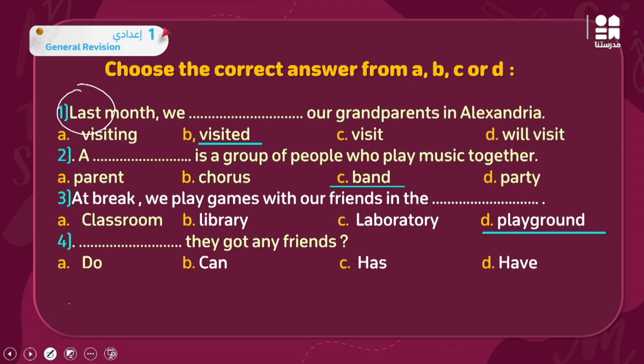Number four, space they got any friends. When I ask a question about have you got or has she got, I have to add have or has plus the subject plus got. That means, do you have that. Okay, according to the subject, if you have a plural subject it takes have.